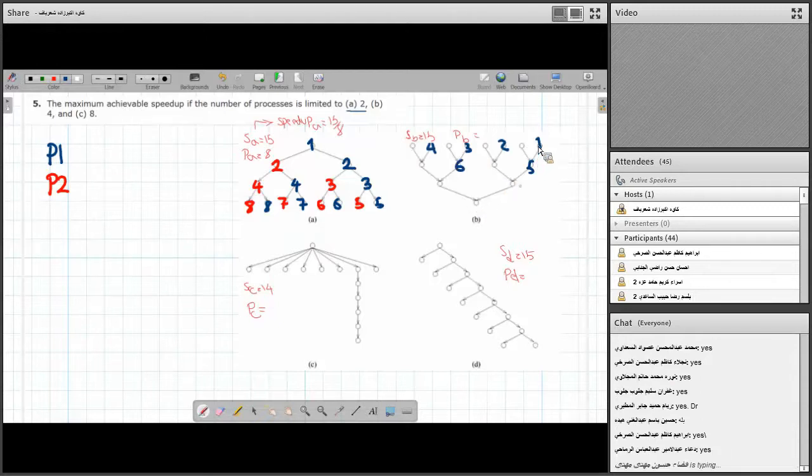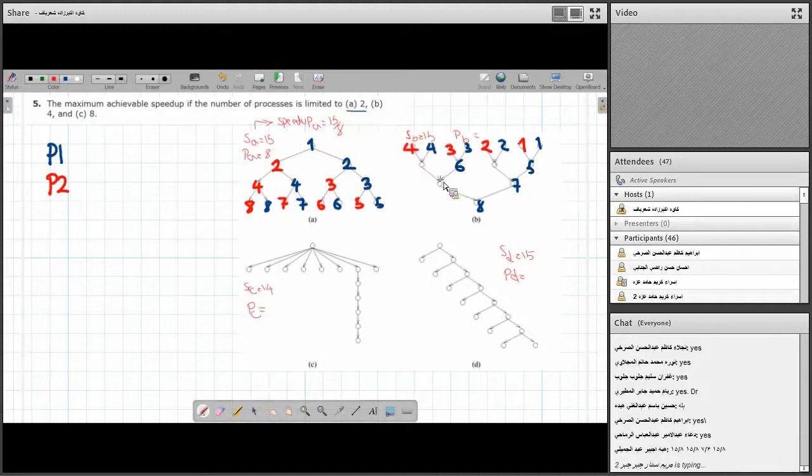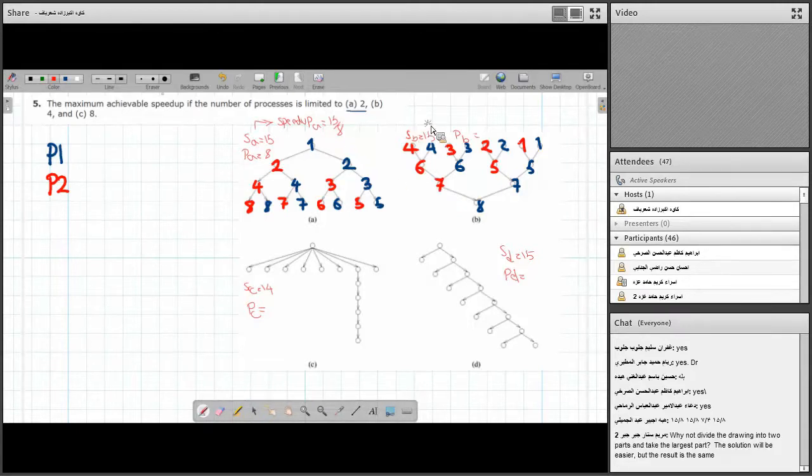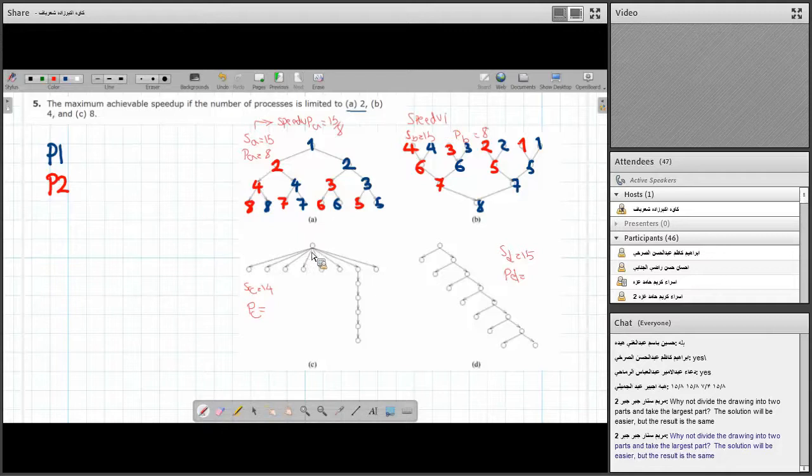In time 1 these two processes execute concurrently. In the next time step these two processes execute concurrently, and so on. Therefore PB equals 8 and speed up B equals 15/8.